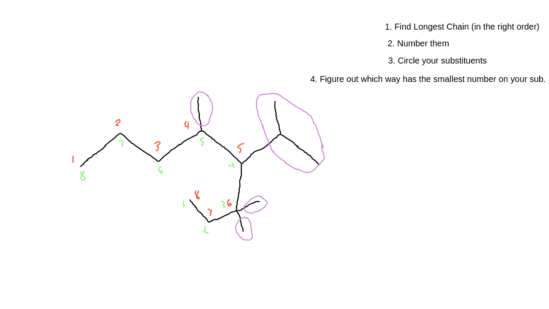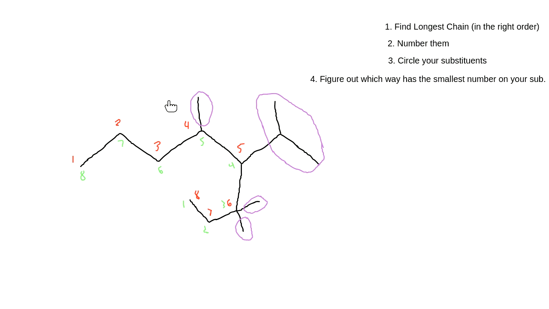But like I said, we have to figure out if we're going the red direction or the green direction. So in order to do so, we're on step 4. We have to figure out the substituents, the purple ones, and what number they're located on. So if I do red, or let me just go in order.